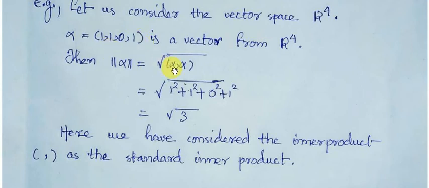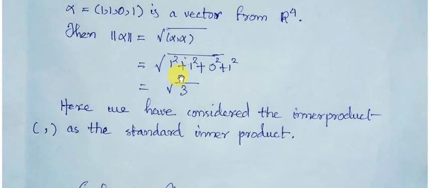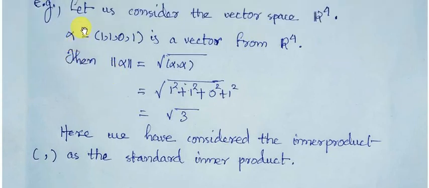And here we have considered the alpha comma alpha point. So this would be 1 into 1, that is 1 square. Next component is 1, so this is 1 into 1, also 1 square. Third component is 0, so this is 0 into 0, 0 square. Fourth component is 1, that means 1 into 1, this is equal to 1 square. After calculating, we have root 3. So root 3 is the norm of this vector alpha. I do think it is clear to everybody.